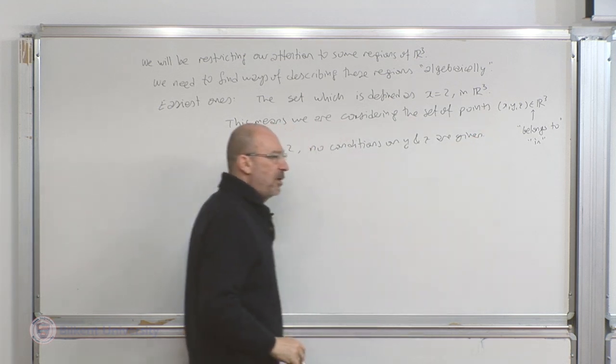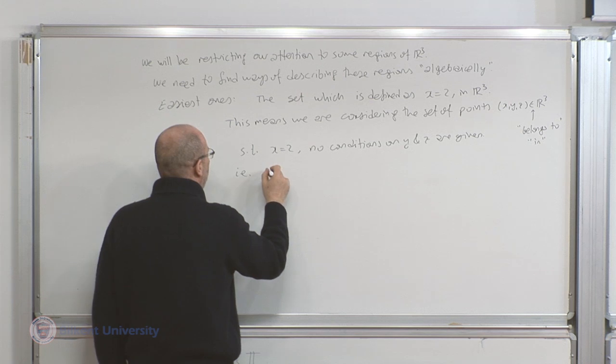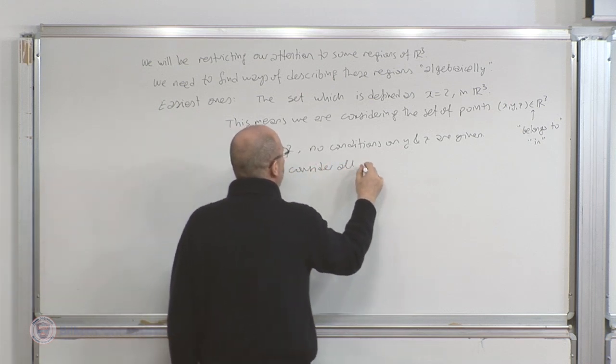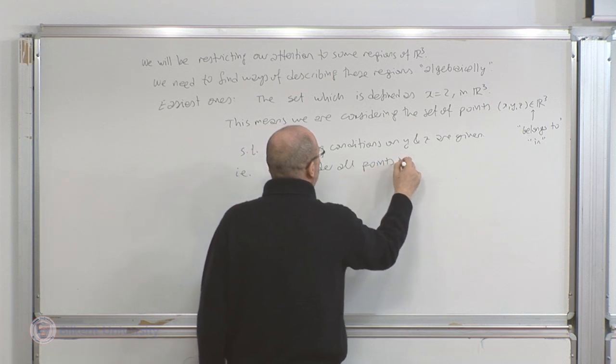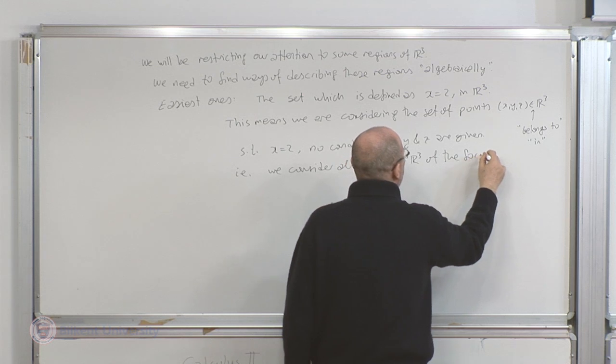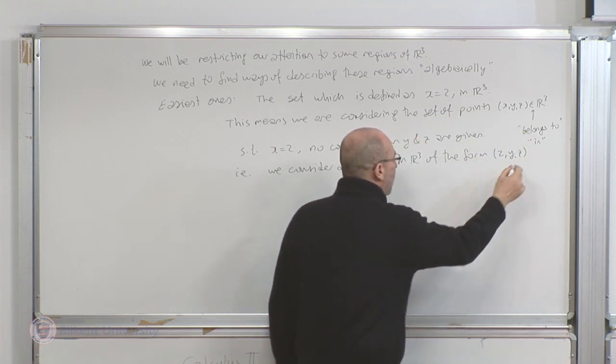So we say y and z are free. So we consider all points in R3 of the form 2, y, z: x is 2, y and z are free.